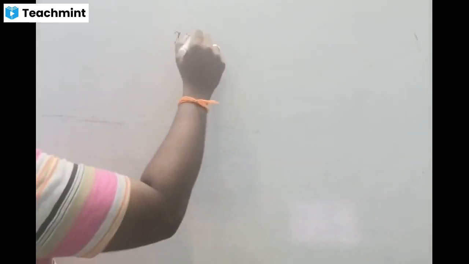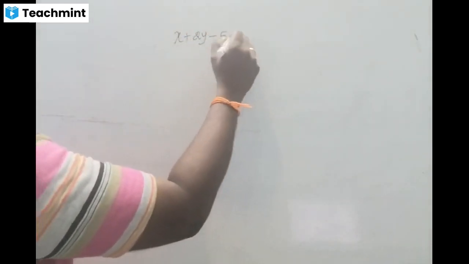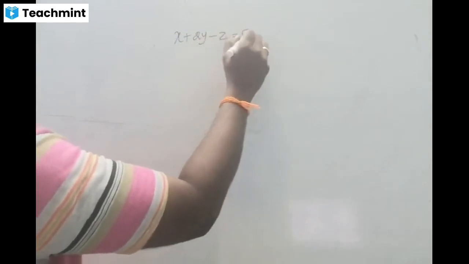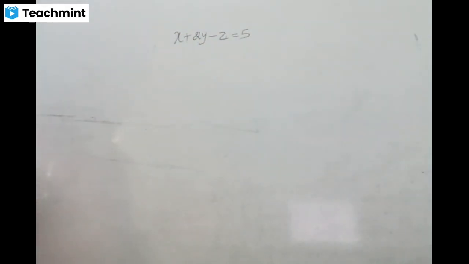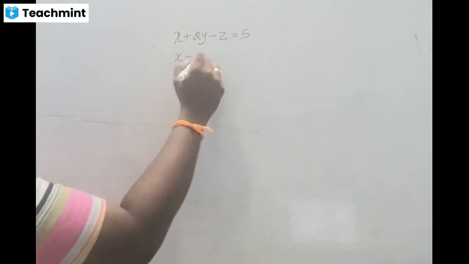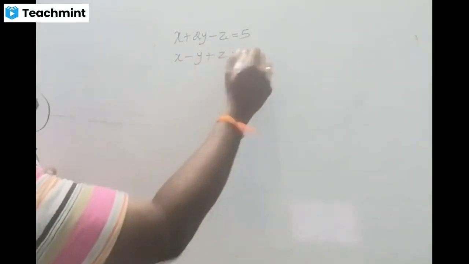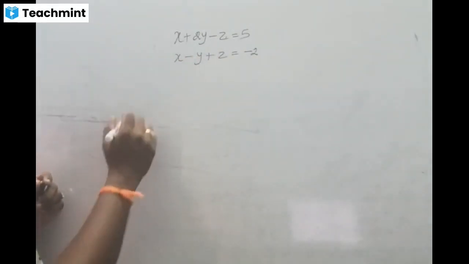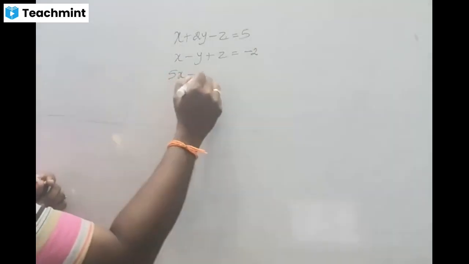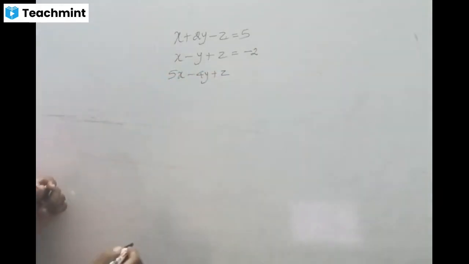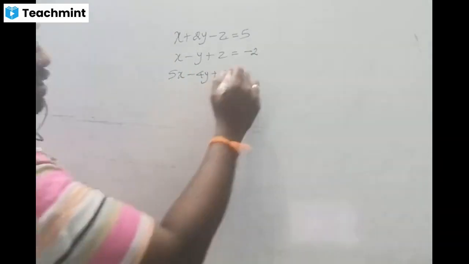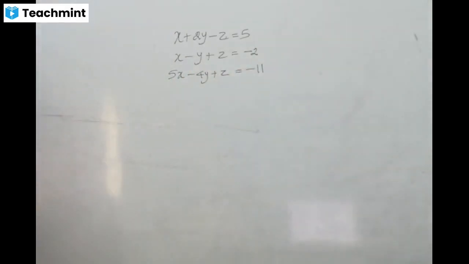So write the equations. x plus 2y minus z equal to 5. x minus y plus z equal to -2. 5x minus 4y plus z equal to -11.